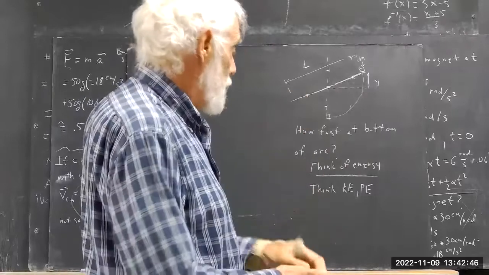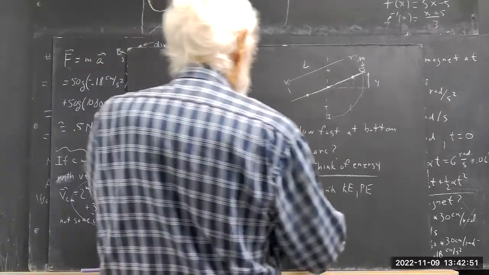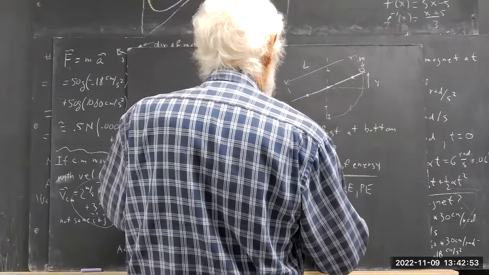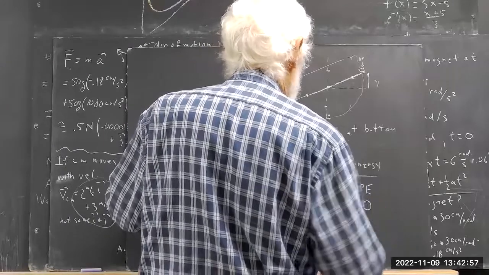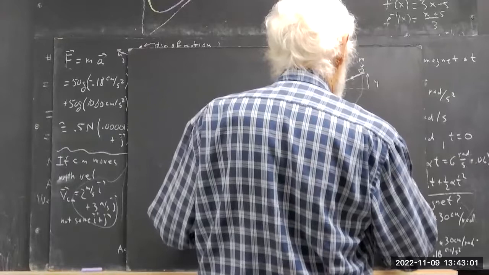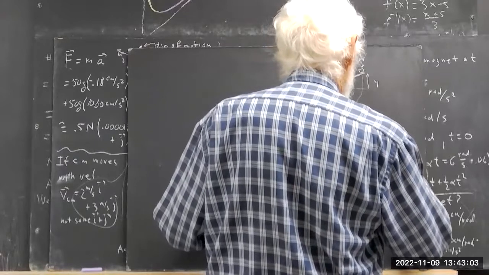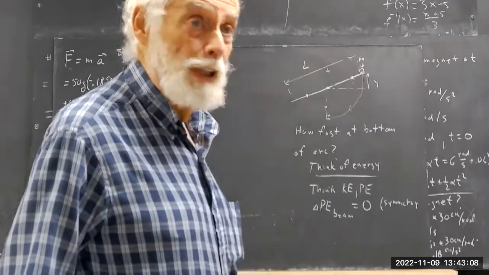So the net potential energy change of the beam is zero by symmetry. One side goes up, the other side goes down.